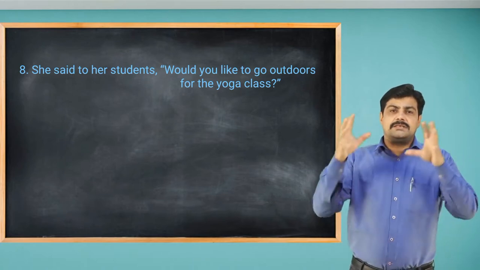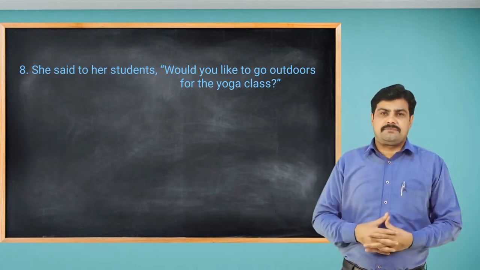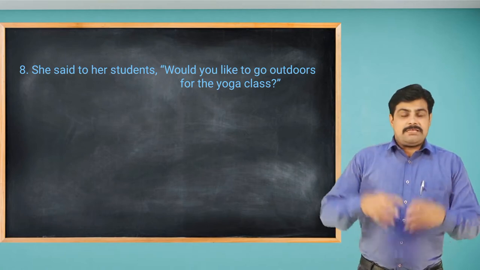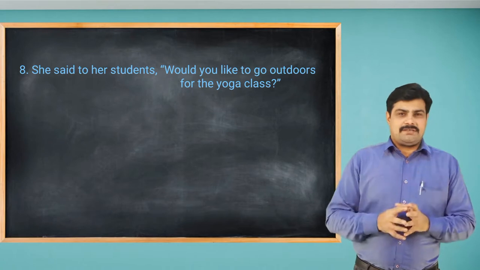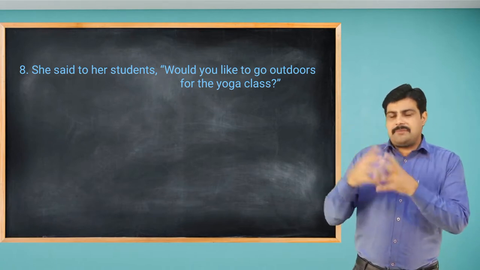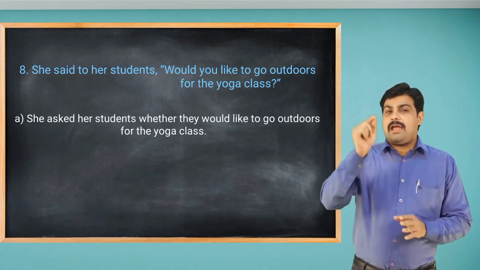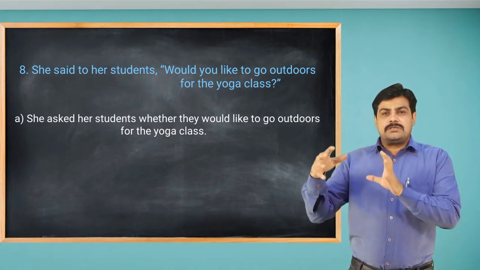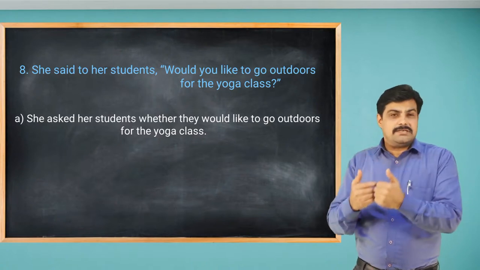Make the tense simple and change its tense. Use if or whether. Change the pronoun you as per the object, that is students, means into they. Now as per these rules, option A is right. She asked her students whether they would like to go outdoors for the yoga classes.